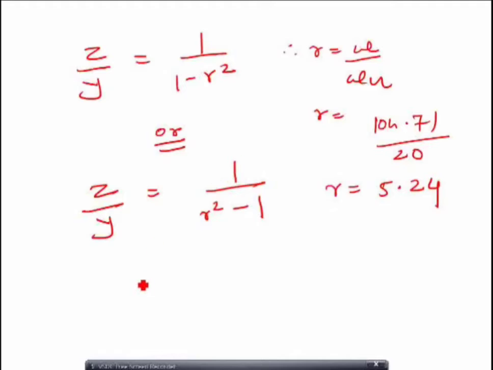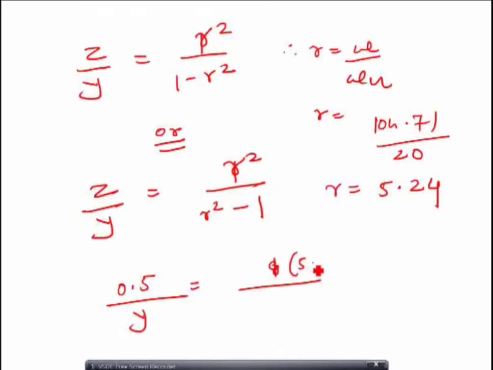So from this, we know that z is equal to 0.5 mm divided by y, as it is, sorry, here it's not 1, it is r square upon r square minus 1. So what is r square? 5.24 bracket square divided by 5.24 bracket square minus 1.